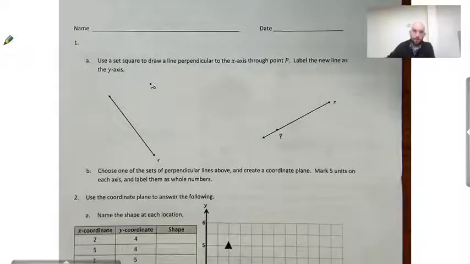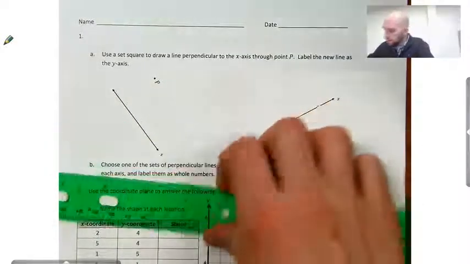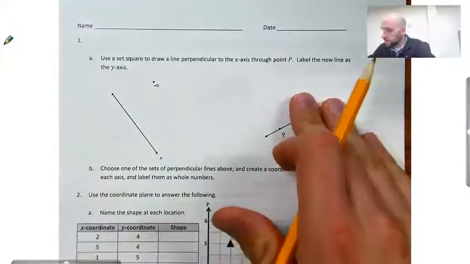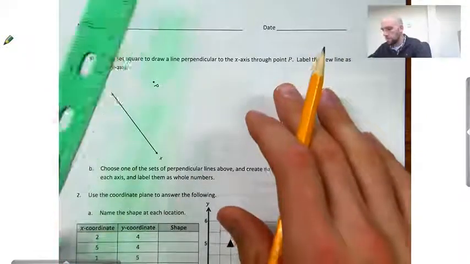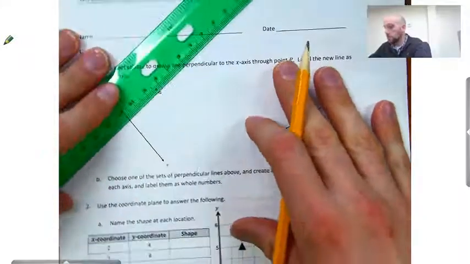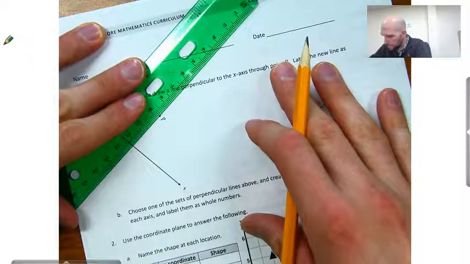So if we look at our first problem here, it says use a set square to draw a line perpendicular to the x-axis through point P. Label the new line as the y-axis. So I'm going to just use a ruler, and it's asking us to draw a line perpendicular to the x-axis through point P. And I'm going to try to make this as perpendicular as possible here.